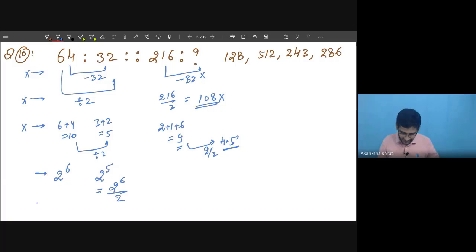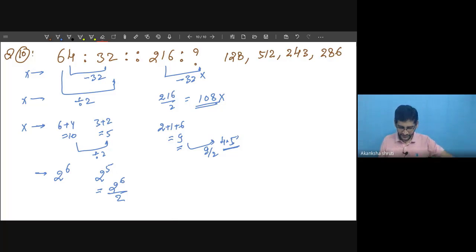Means we have to search for the relation n to the power 6, n to the power 6 by 2, and think whether it is being followed or not. You will not get any one, but still you can apply. 2 to the power 6. What is this?